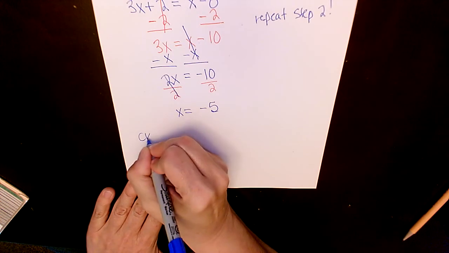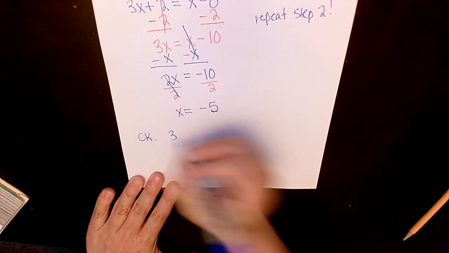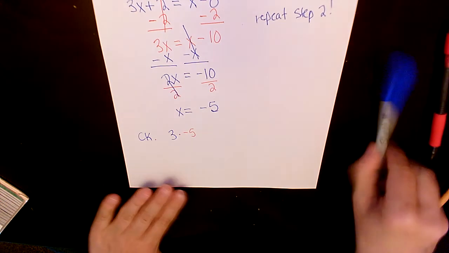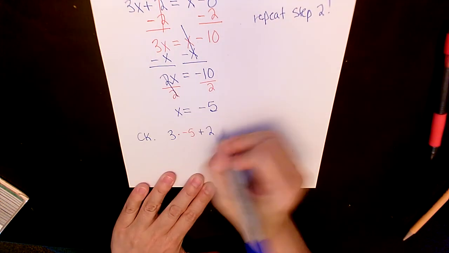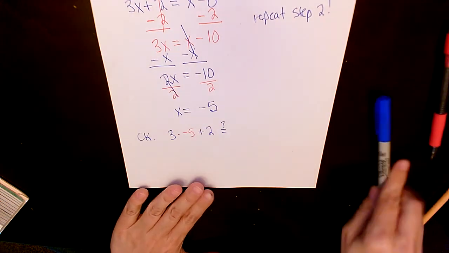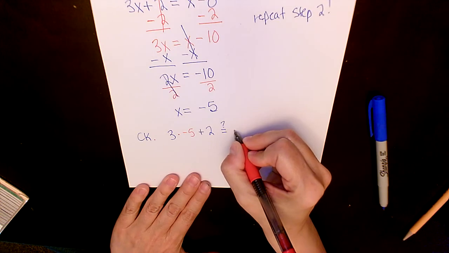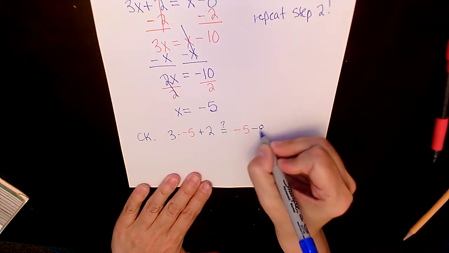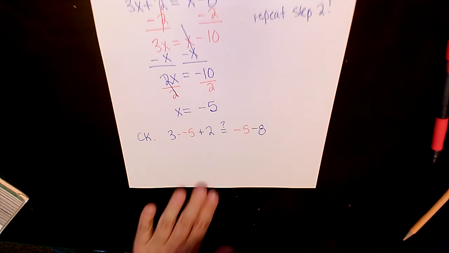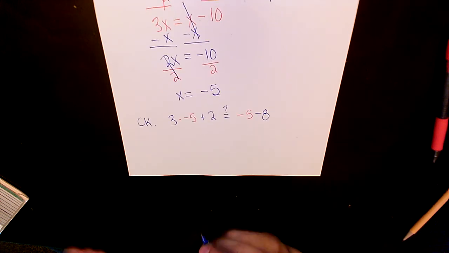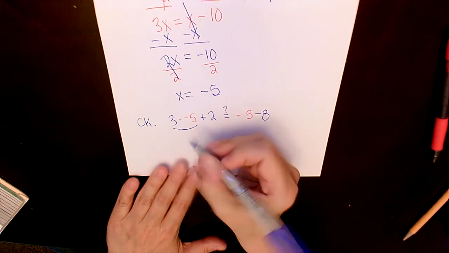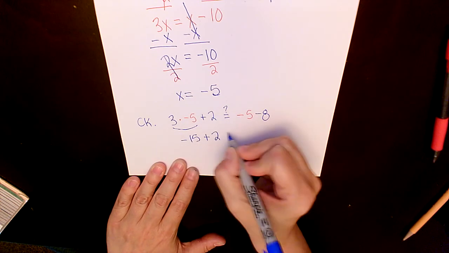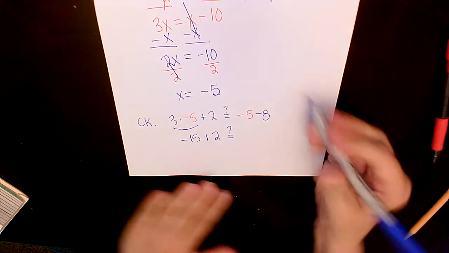And let's do a quick check. Let's see if 3 times negative 5 plus 2 will get me to negative 5 minus 8. Well, 3 times negative 5, that's negative 15, plus 2.